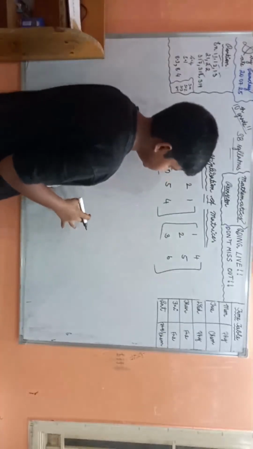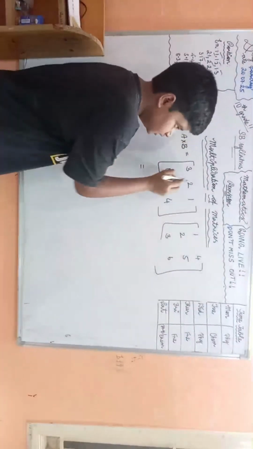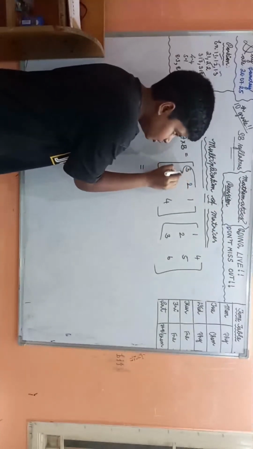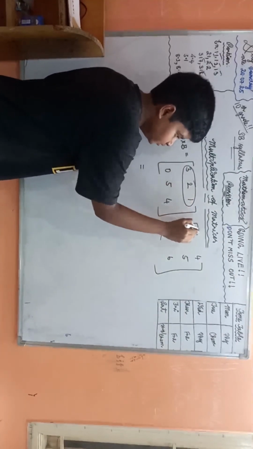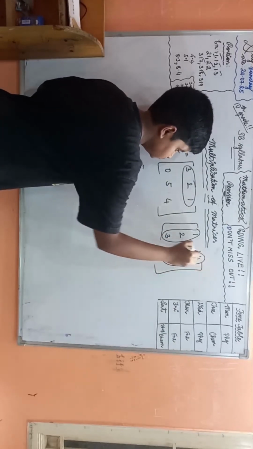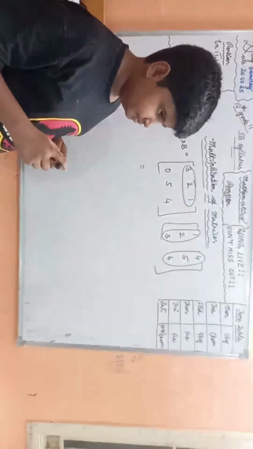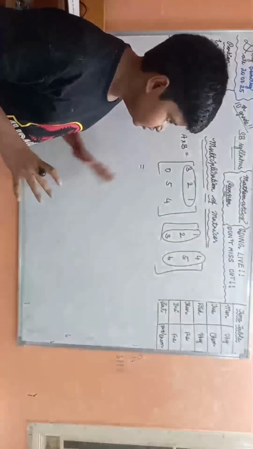Okay, so guys, we will do this. So multiplication of matrices looks like this. So the first box of first element, then this box, then this. Guys, listen to this carefully, because if you don't understand, then you'll do it wrong.